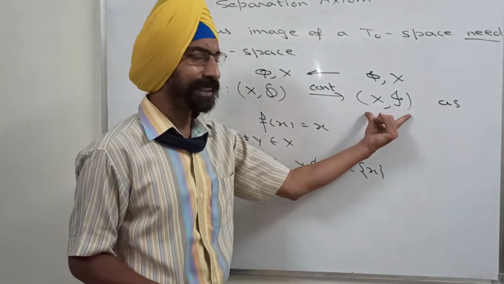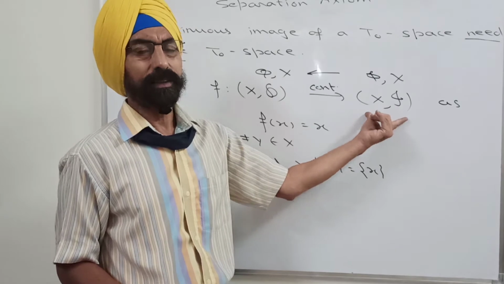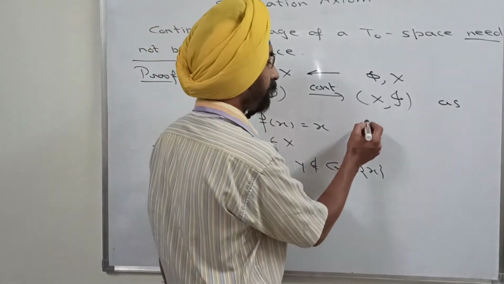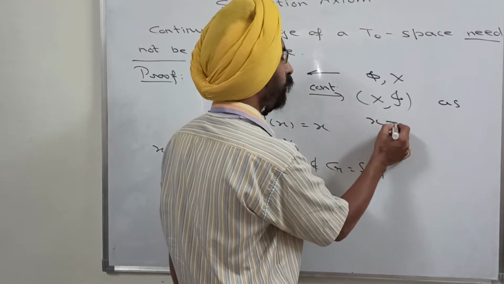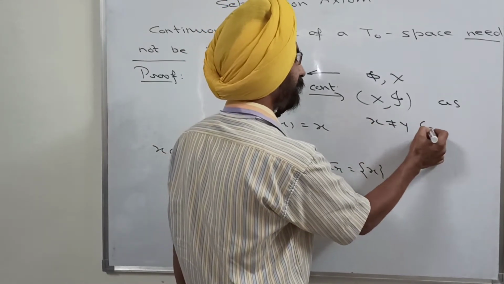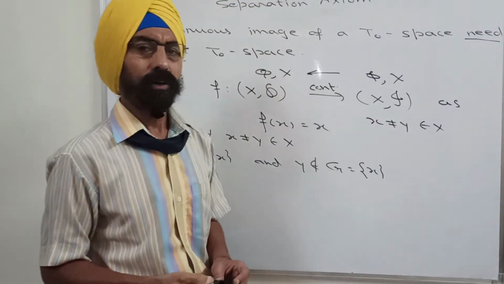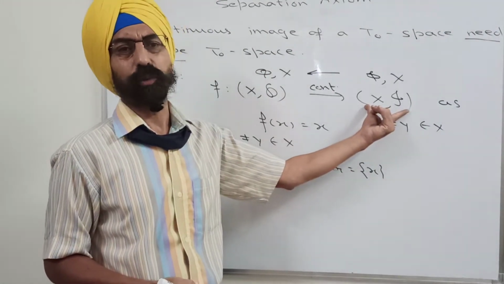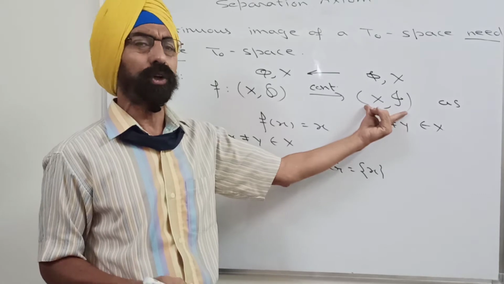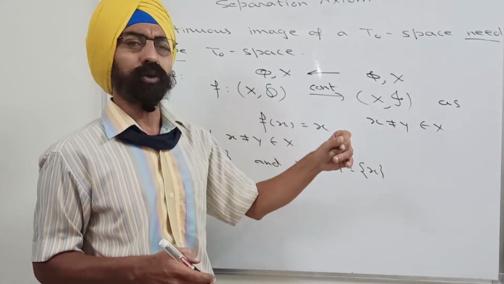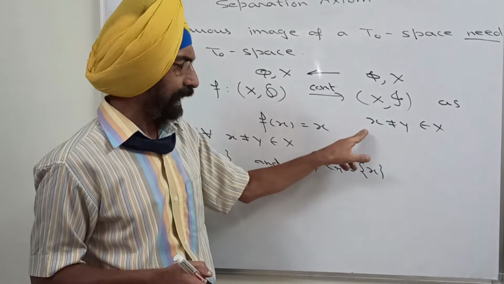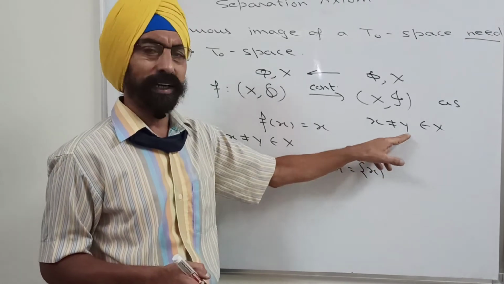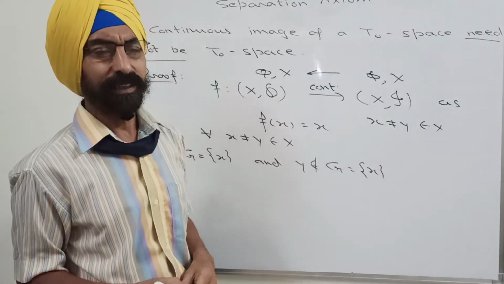But the image space is not T-naught. Why? Because if you take x not equal to y here, then to make this topological space T-naught, you need either an open set which contains x but not y, or an open set that contains y but not x.